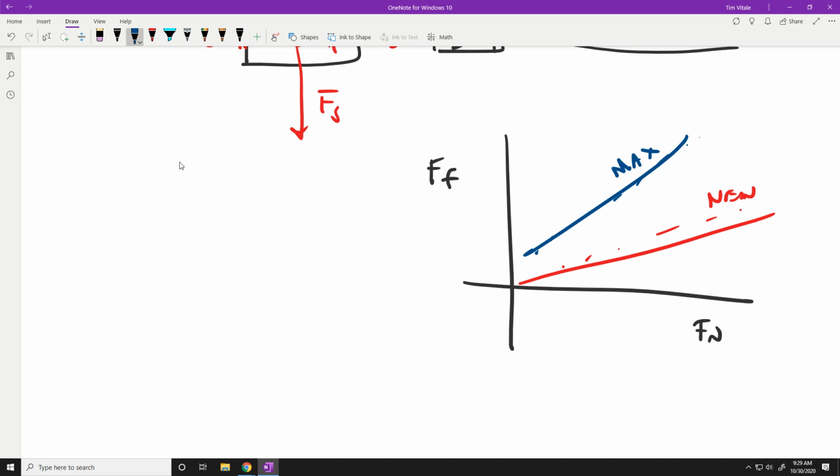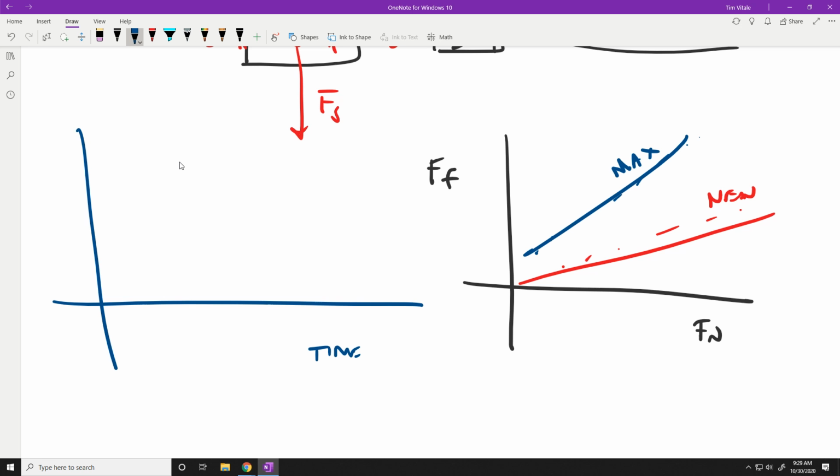So I want to talk about that first, the mean and the max. So when you guys were taking data, and this was your time graph, and this was your force of friction, it looked something like this. You had data, it was increasing, you were increasing your force, increasing your force, increasing your force, and then suddenly, boom, it moved, and then you had this and this and this, and it looked like that. This was the max, and then this right here was the mean.